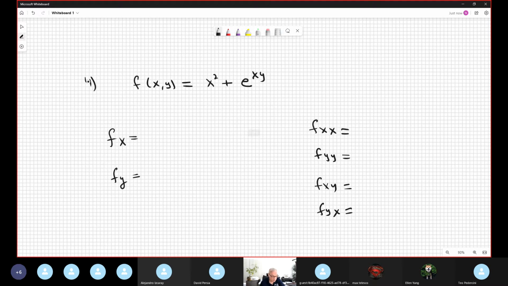First of all, the derivative with respect to x is 2x plus, remember, the derivative of the exponential: the e is the same, but apply the chain rule, you differentiate the argument xy with respect to x, which is y, a multiplication.